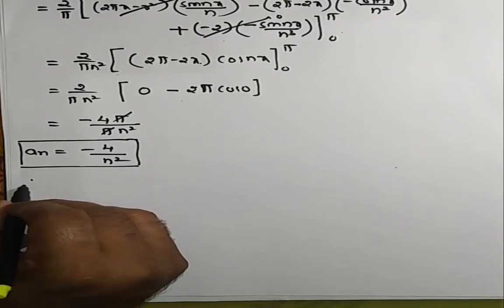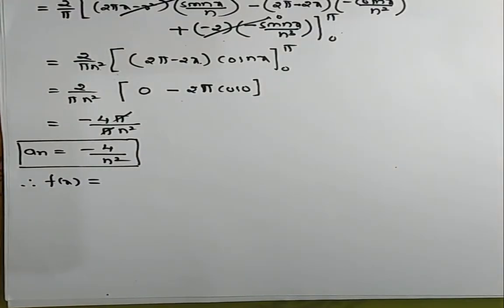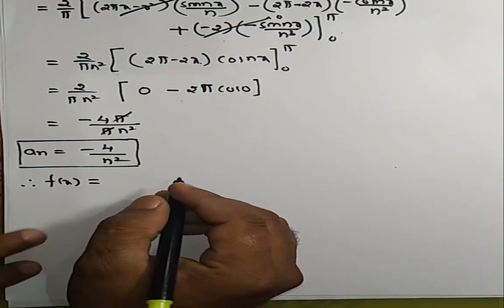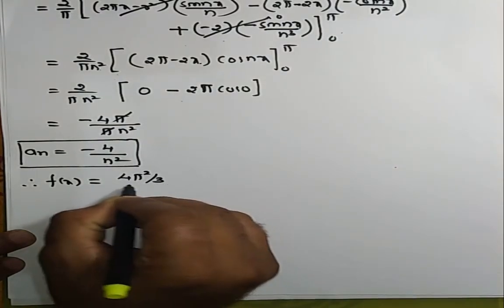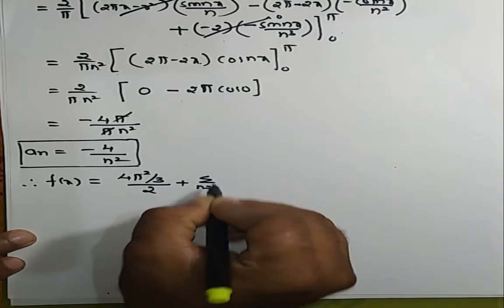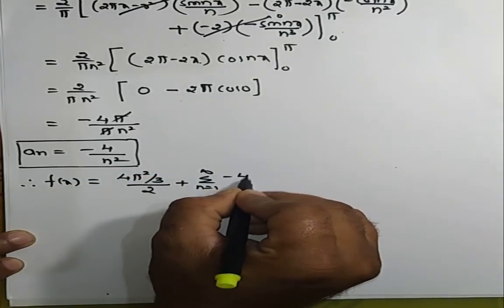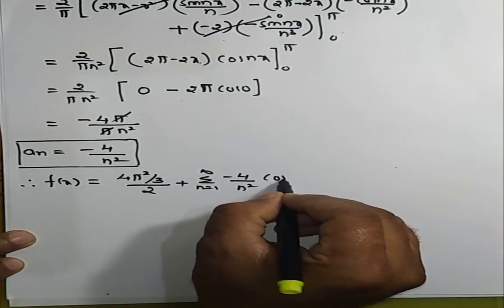So the required Fourier series is f of x is equal to a naught by 2 plus summation n from 1 to infinity of an cos nx. What is a naught you got here? a naught as we got is 4 pi square divided by 3, divided by 2, plus summation n from 1 to infinity, minus 4 divided by n square into cos nx.